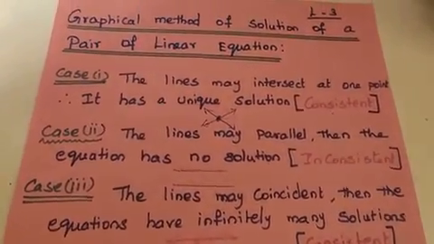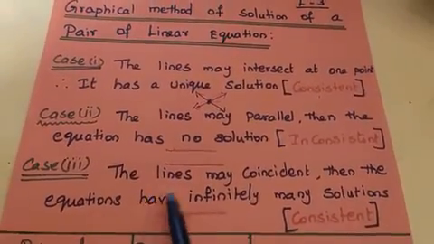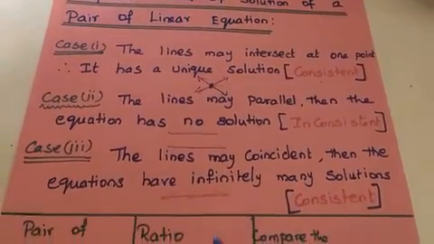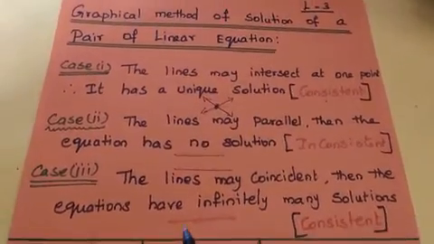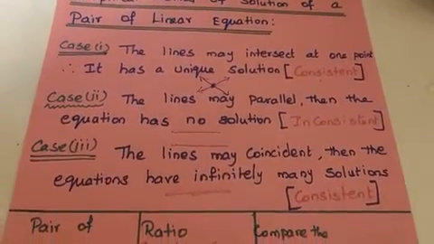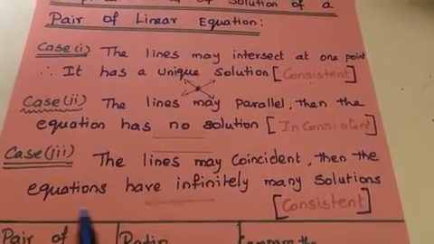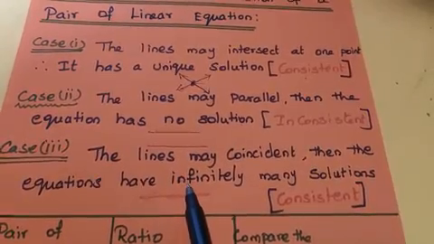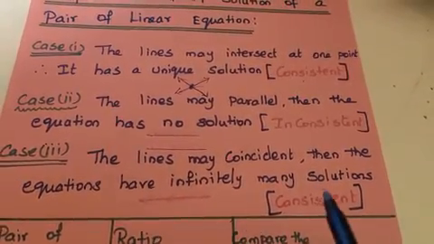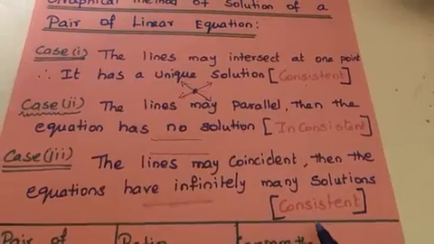And the third case is that the lines are coincident, meaning the graphical lines are coincident. Both the values are the same, both the ratios will be the same, then it has infinitely many solutions, and that is consistent.